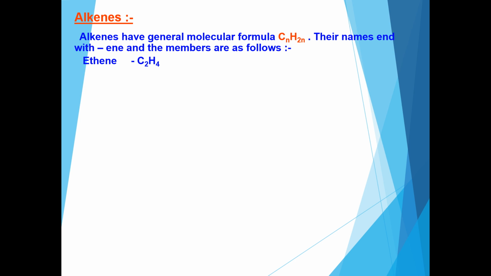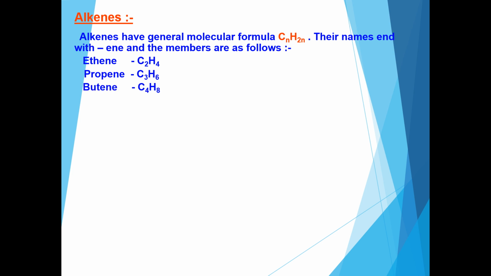The reason behind is that alkenes should have at least one carbon-carbon double bond. So the first member will be with 2 carbon atoms with n value 2. If we fill the value of n equals to 2, then we'll get the formula C2H4, and the name of the compound is ethene.